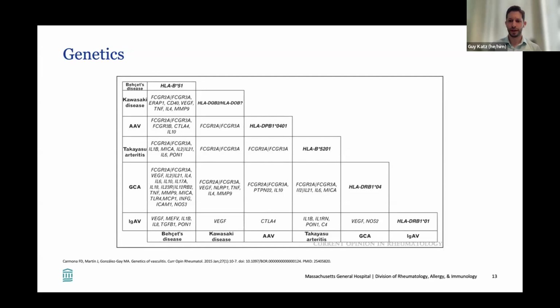So this really is a fundamental part of risk for vasculitis if someone is genetically predisposed. I should mention most of these are not tested routinely. These are really research genes, because most of these genes are not so strongly associated that we test for them clinically to see whether or not someone has a certain disease.